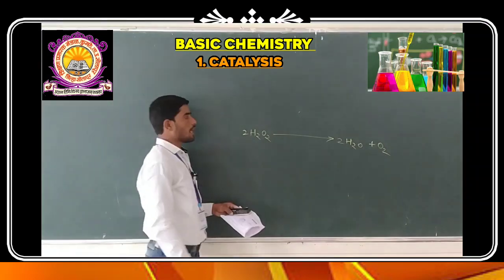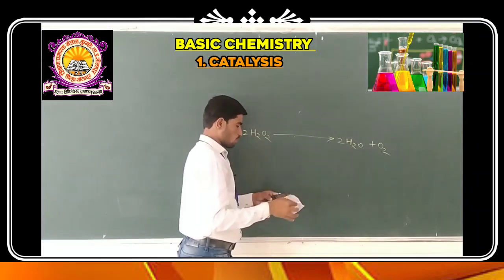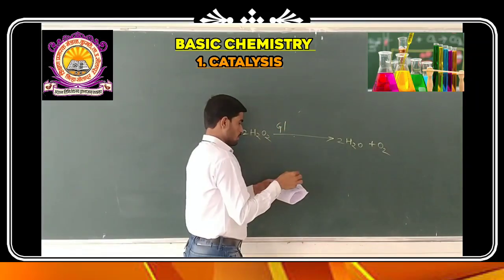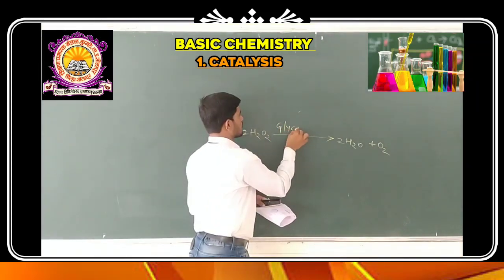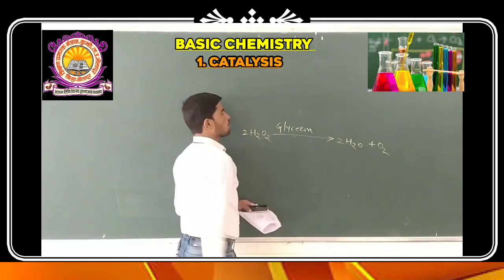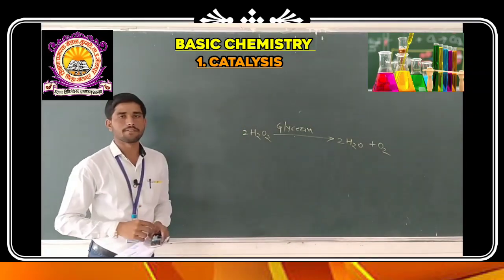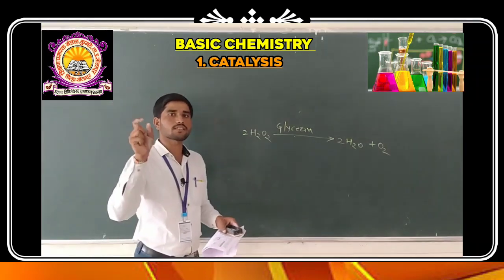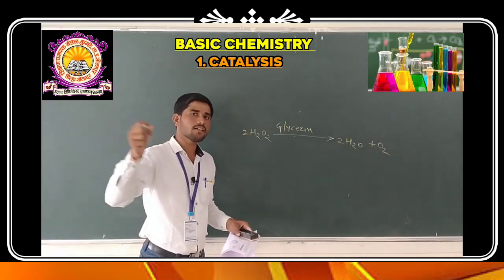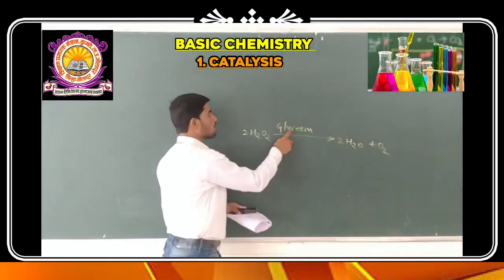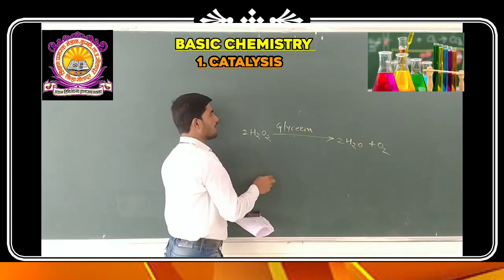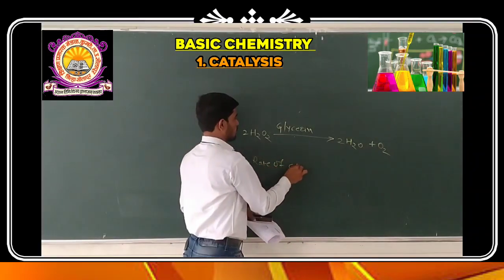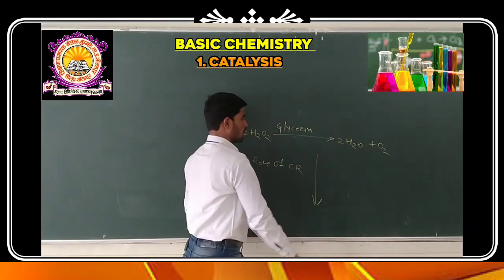And now on this arrow, another catalyst will be used, and this catalyst will be glycerin this time. If I remove manganese oxide and add a part of glycerin to this reaction, then the rate of chemical reaction will go on decreasing.